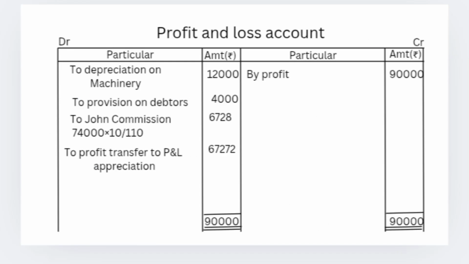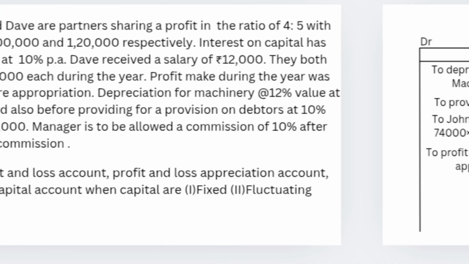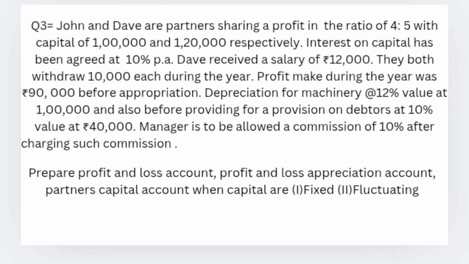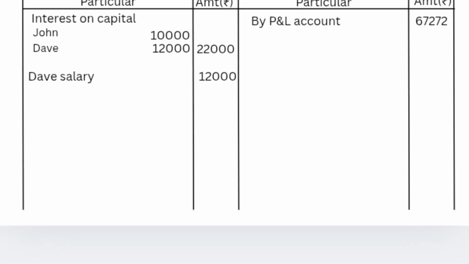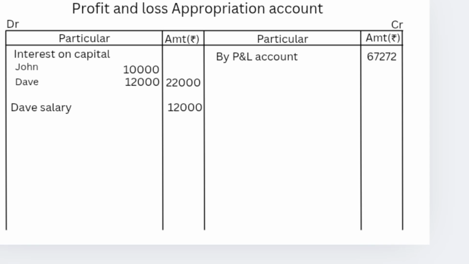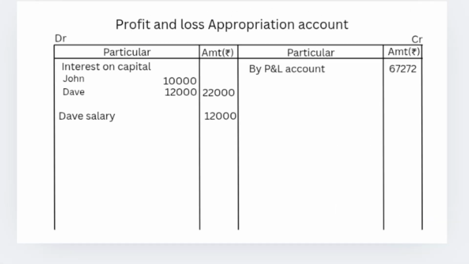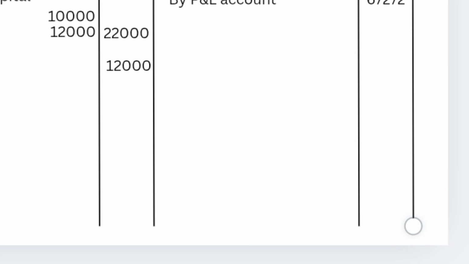So we'll calculate the profit transfer, the profit of the partners. The ratio is 4 is to 5. First we'll calculate the total amount. Since the amount on the credit side is bigger, it will be a profit. The amount on the credit side is 67,272.